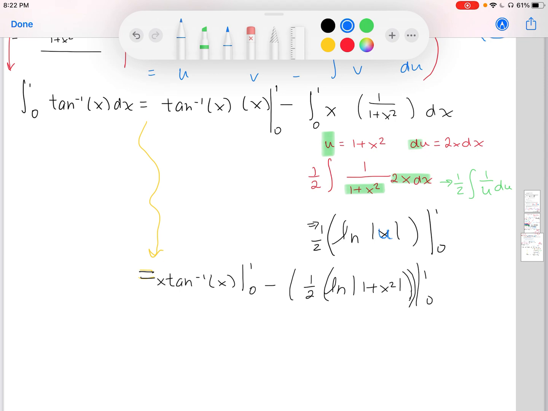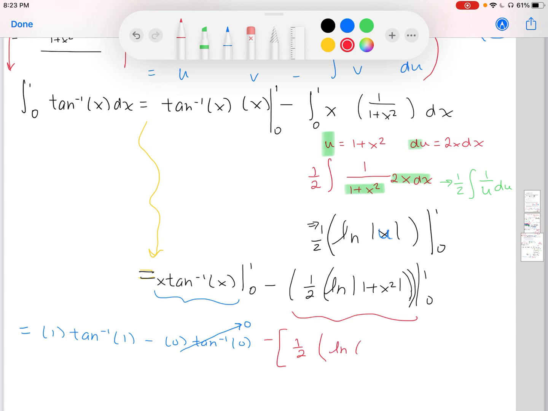Okay, let's go ahead and evaluate. If we plug in 1 for x in the first one, we have 1 times tangent inverse of 1, minus, now we do 0, 0 times tangent inverse of 0. Well, if it's multiplied by 0, that's just 0. And then minus our second, we have 1/2 times the ln of 1 plus 1 squared minus the ln of 1 plus 0 squared.